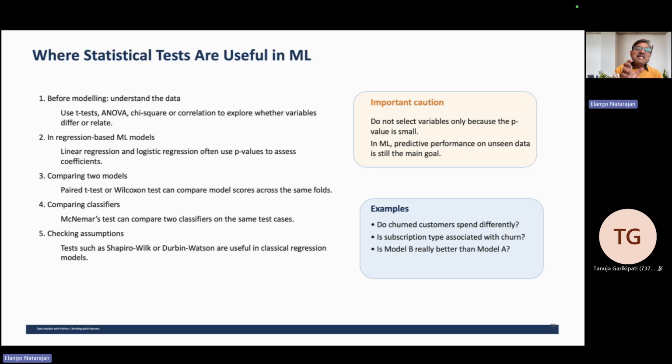That means you can see how each independent variable is going to affect my target variable. So you can explore the correlation between variables. Sometimes we do the correlation between independent variables.